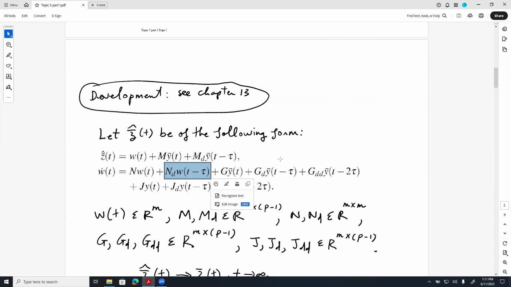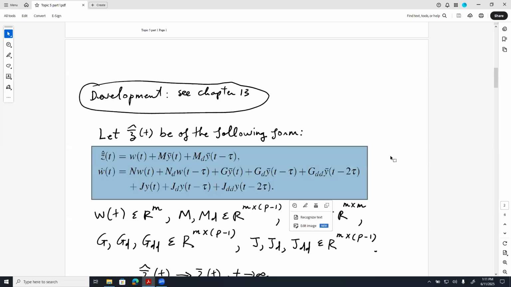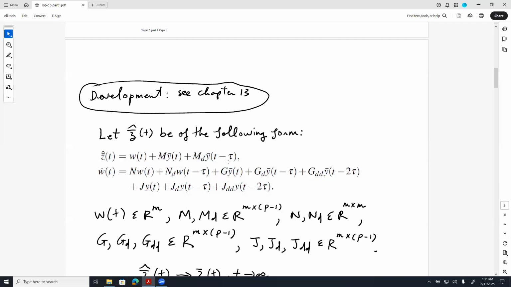When this term is 0, when we don't have it, then we call it an observer without internal delay. And we have extra terms in our observer structure. We have a multiple of the instantaneous, the delayed output measurement, and also delayed by 2 tau.